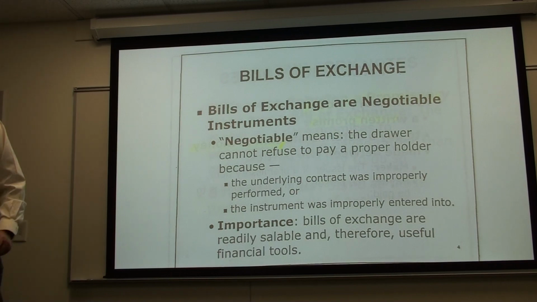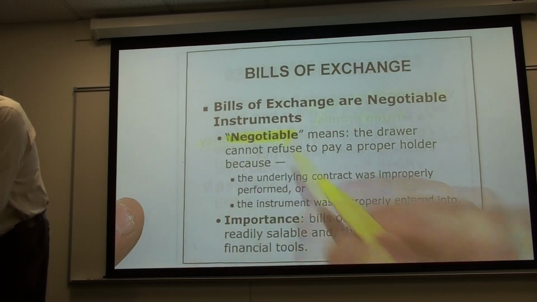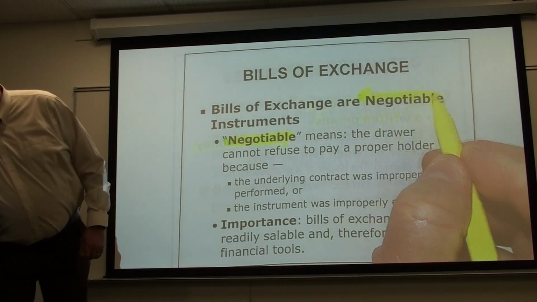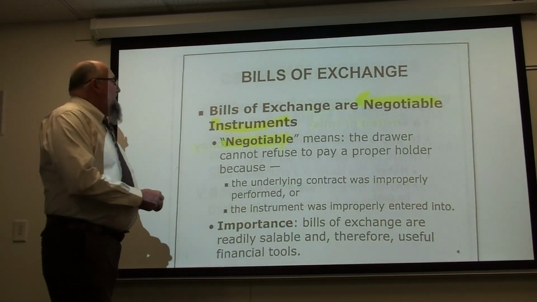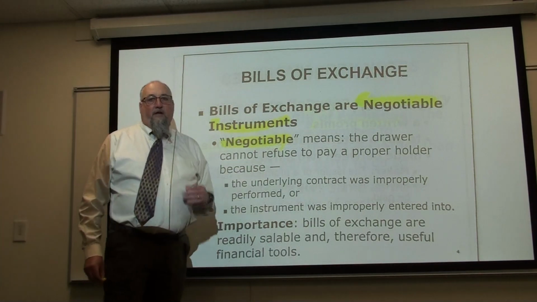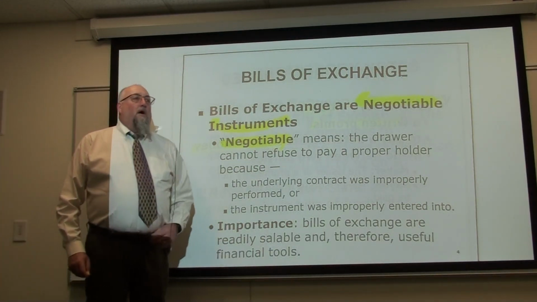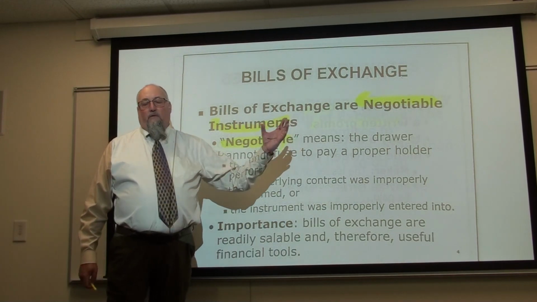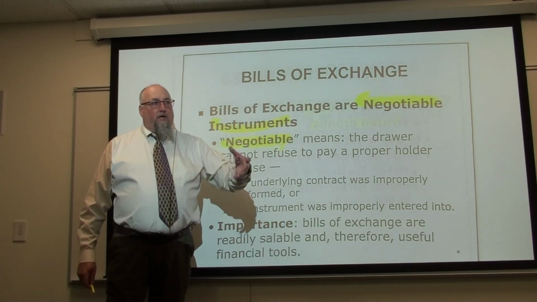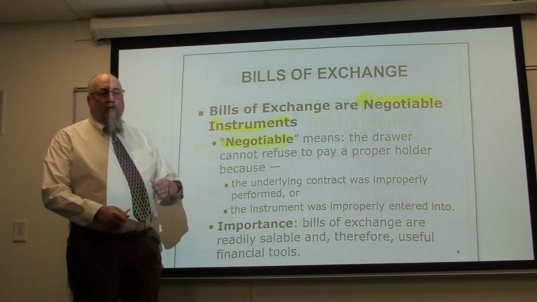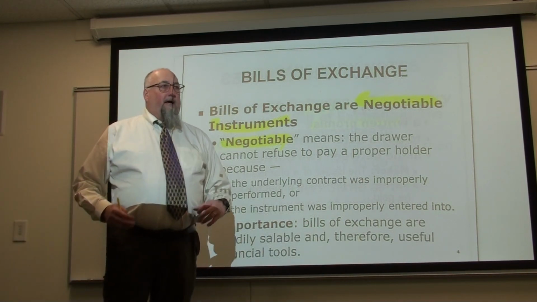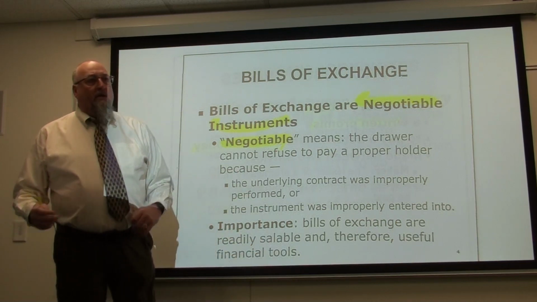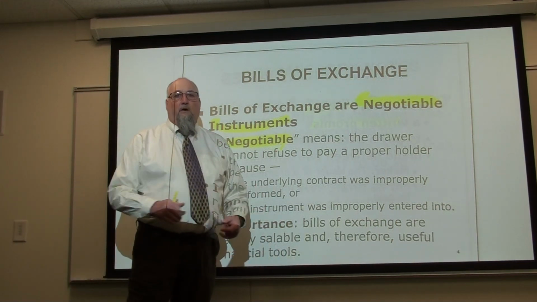A check is negotiable. So a negotiable instrument right here. A negotiable instrument is a phrase that's used to denote a document that can be traded. Negotiable meaning that I can take the document and sell it to another party, and then they can turn around and sell it to another party.